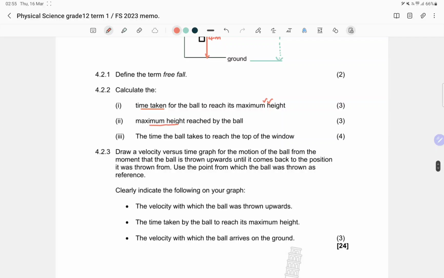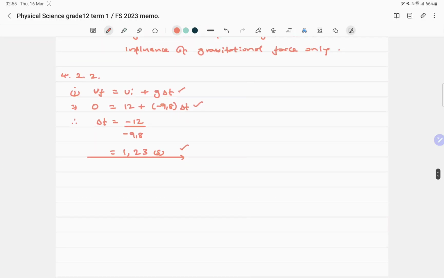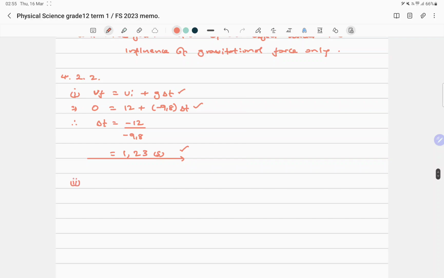So we want the maximum height reached by the ball. We can use this formula, that v, the final velocity squared, is equal to the initial velocity squared plus 2g delta y. This implies that 0 squared equals 12 squared plus 2 into minus 9,8 delta y.